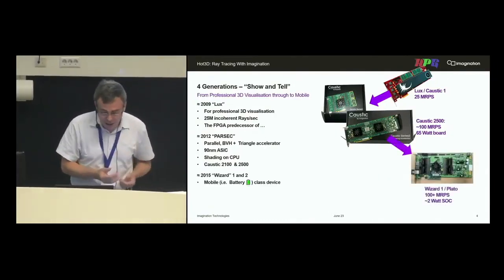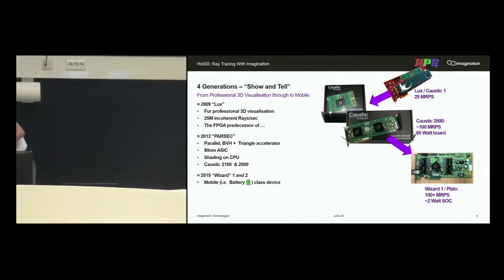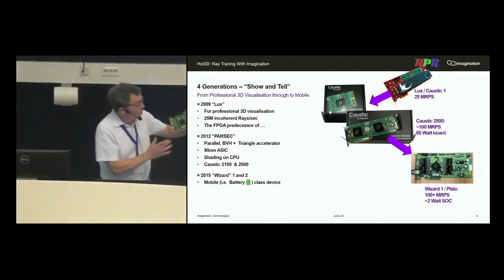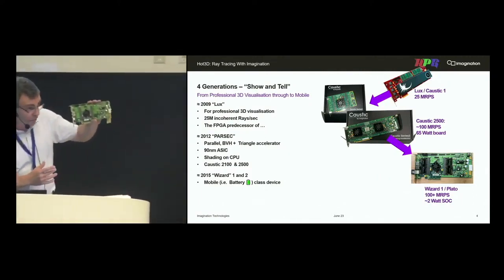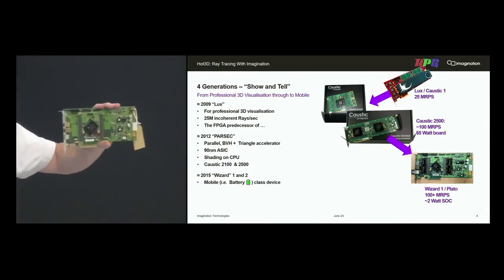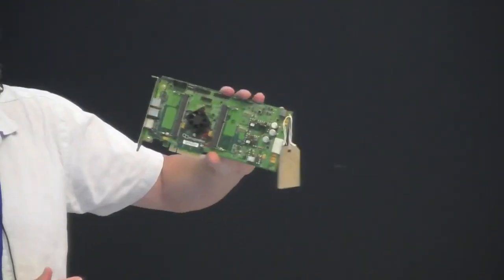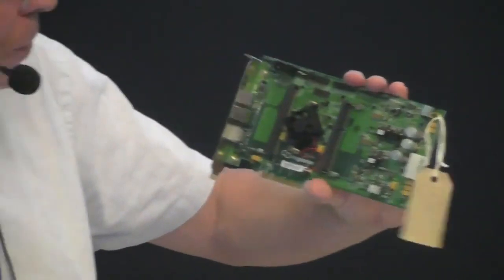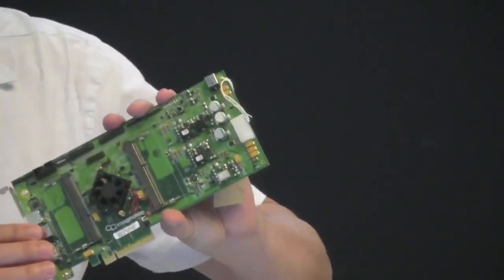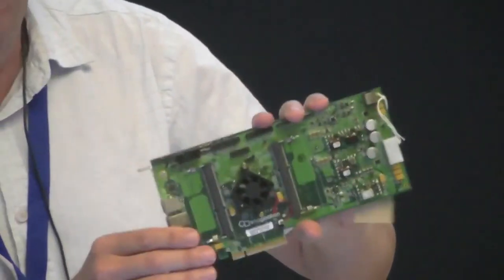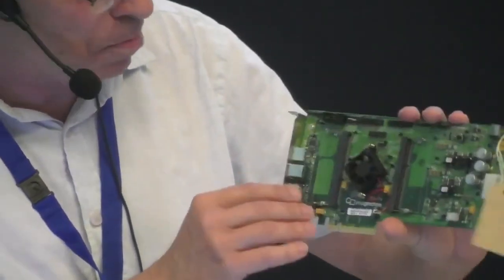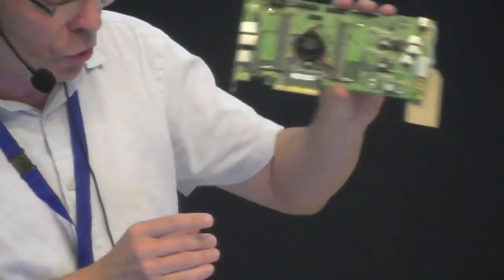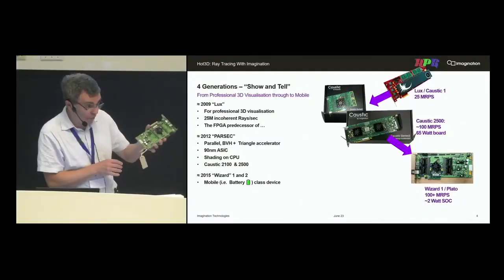Then in 2015, along came Wizard, which is basically a full mobile-sized GPU. So a battery class, I think, was what Peter Shirley referred to them. And that was doing over 100 million rays per second. The peak was much higher, actually, on a 2-watt, I think, SoC. So basically something you would have in the phone.